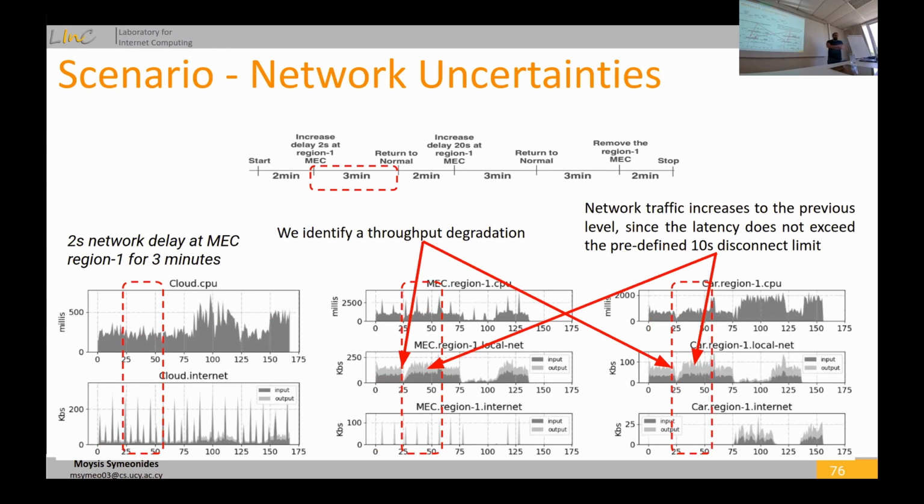Then we introduce a network delay for 3 minutes. As you can see, we have a decrease in network traffic at the beginning of this period, but then the workload generator starts again to send data through the regional network.